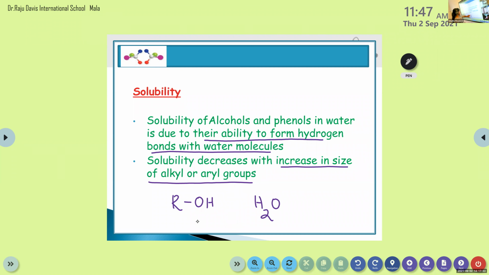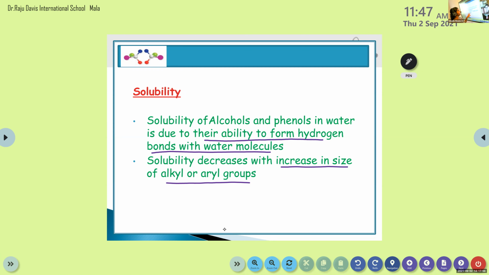So how can the bonding be formed between this alcohol and the water molecule? Yes, Achut, doubt? Miscible means soluble, right? Yes, miscible means soluble. It does not exist as two layers. In the case of kerosene and water, you can see two layers. Those are immiscible liquids.